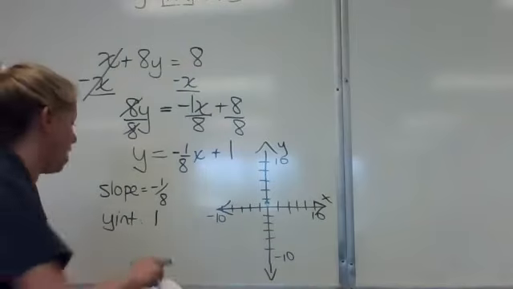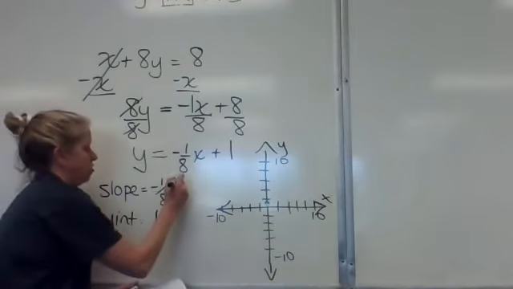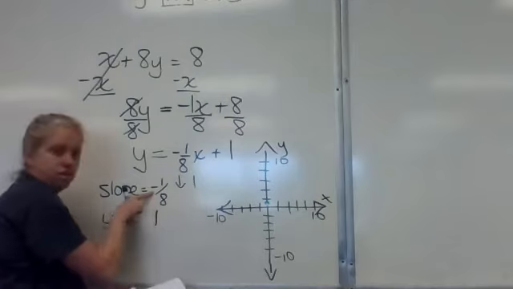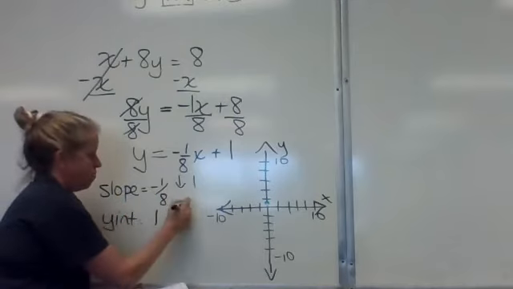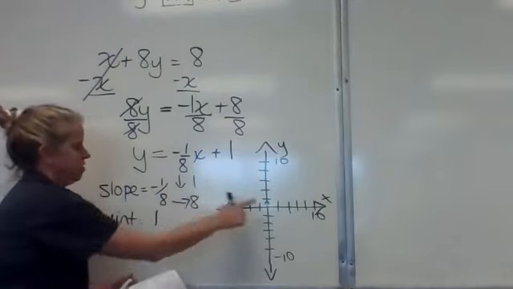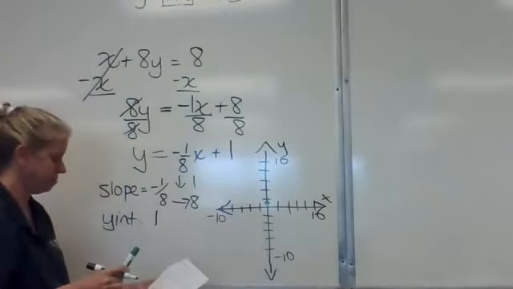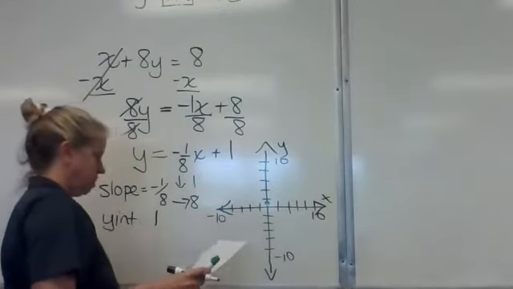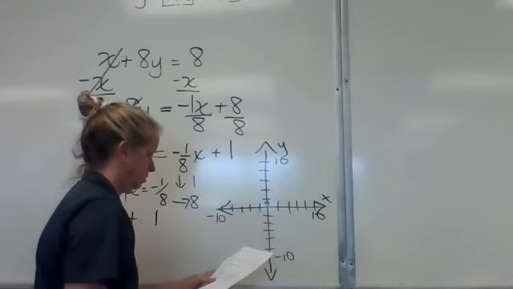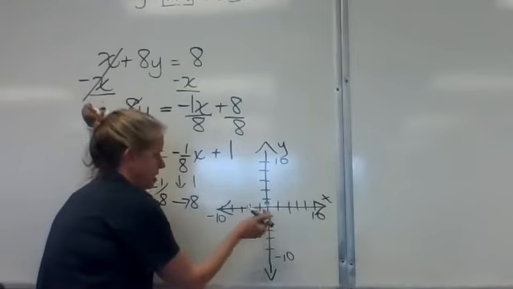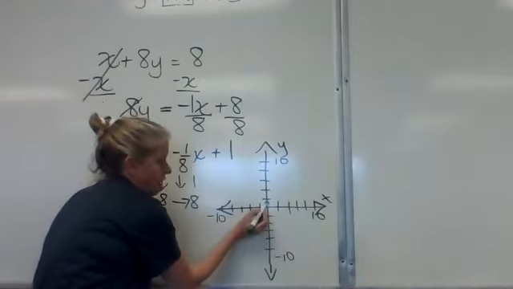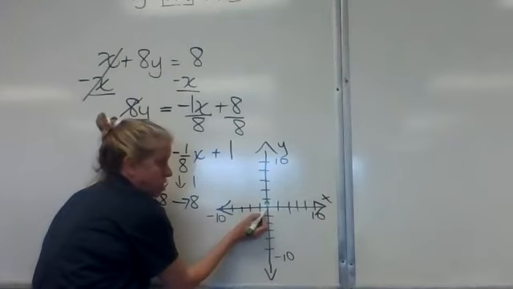In this case, our rise is negative. So we're going to go down 1 and right 8 from here. So go down 1, which would just be back down to the origin, right? Because that's back halfway down.